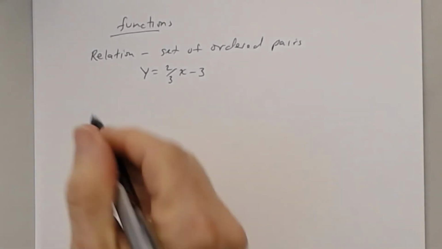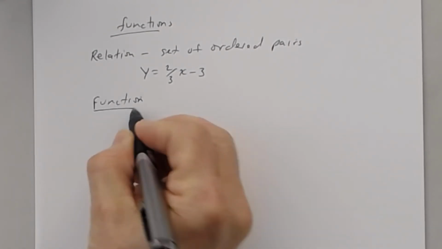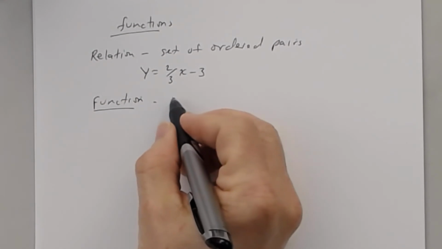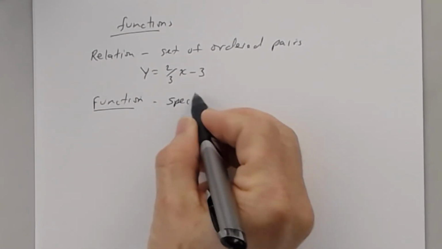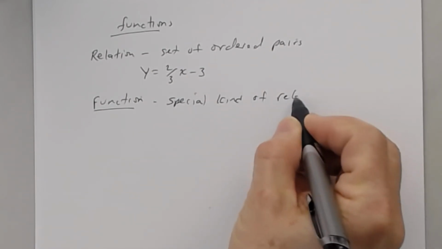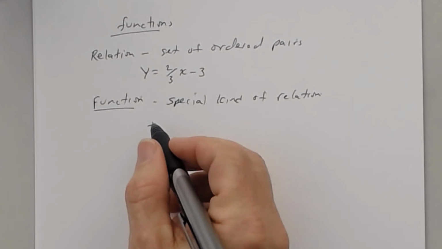Now, let's talk about a function. A function is a special kind of relation. And here's the definition.